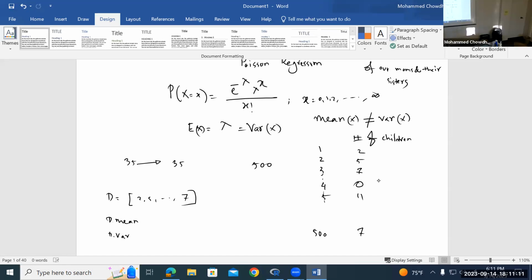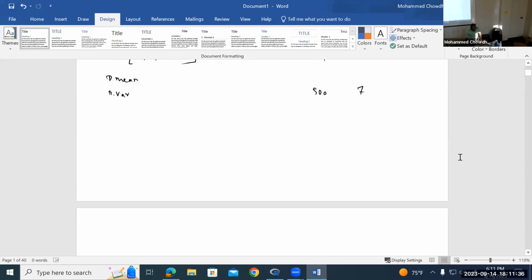Understand? Yes. So Poisson regression and negative binomial regression will be used when your dependent variable is a count variable. That means you can count. Understand, right? Count data. There should not be any continuous data. Okay. So you understand where to use Poisson regression and where to use negative binomial regression.